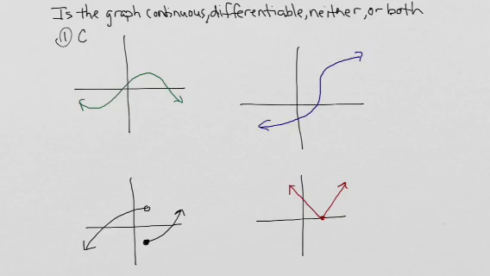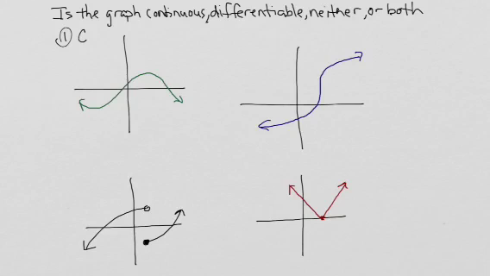I can't speak very well tonight for some reason. So again, there are three things that make it not differentiable. One of them is if at a point there is a corner. That's definitely one of the reasons that we would have something be not differentiable.